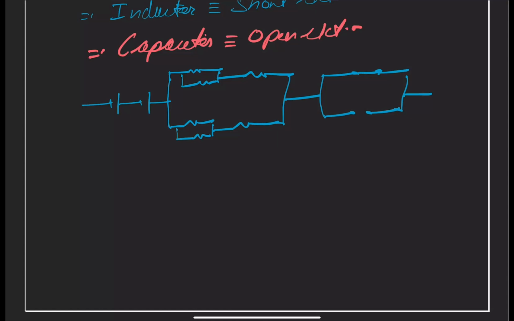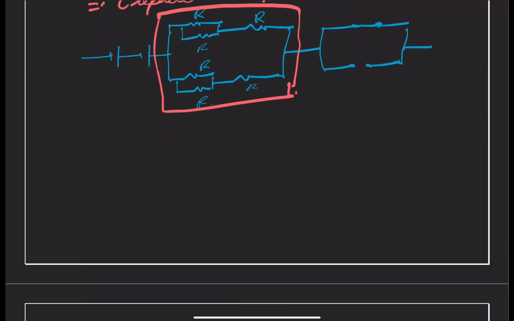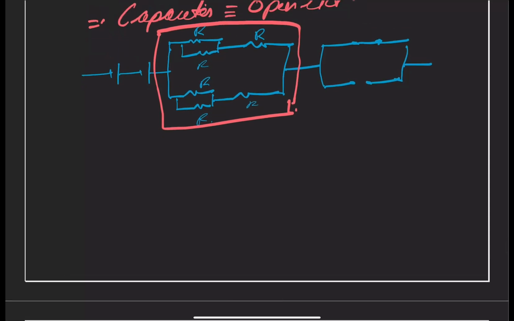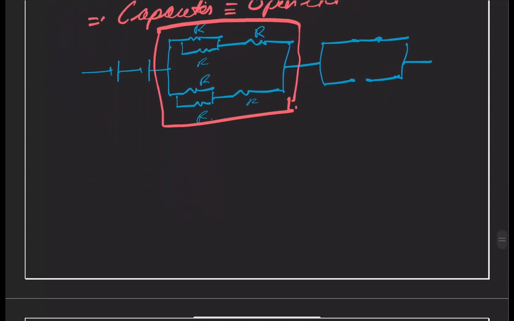Now we can find out the net resistance. Here each resistance is of R ohm. So we can find the net equivalent resistance of this particular network. We have two resistances, so this combination gives us R by 2, and here also we get R by 2.